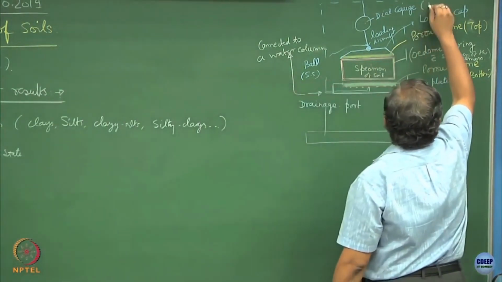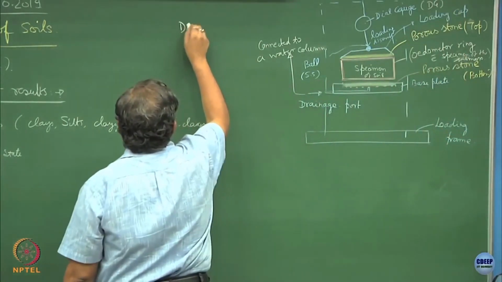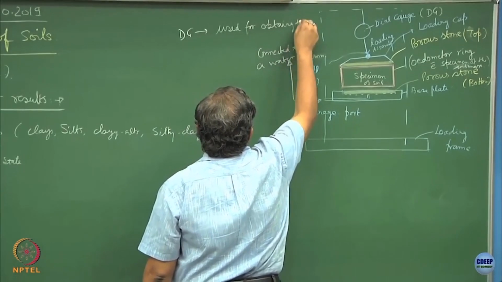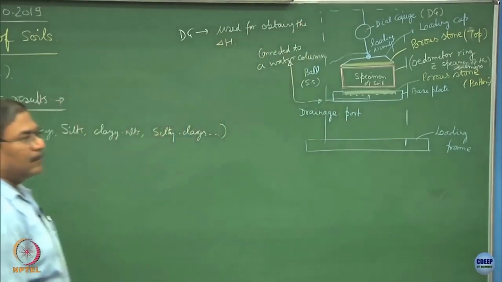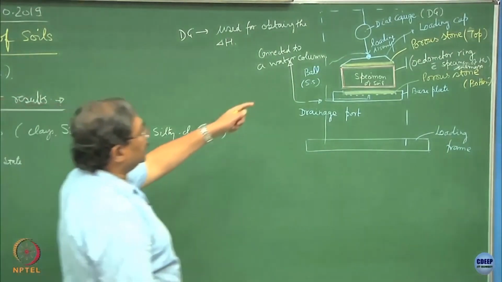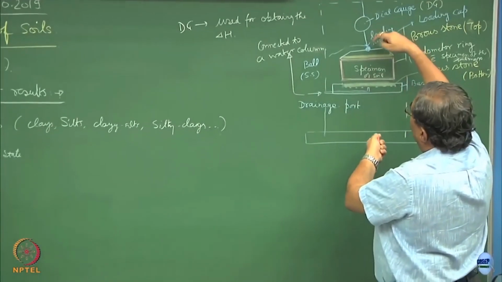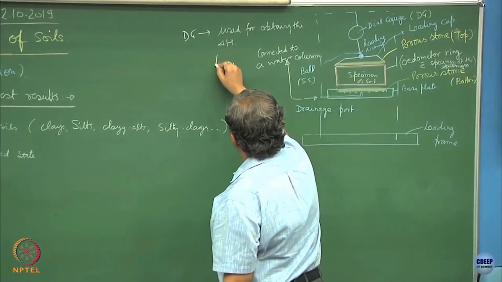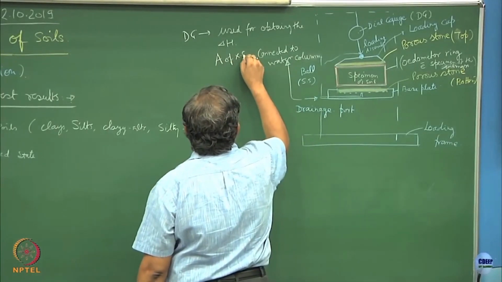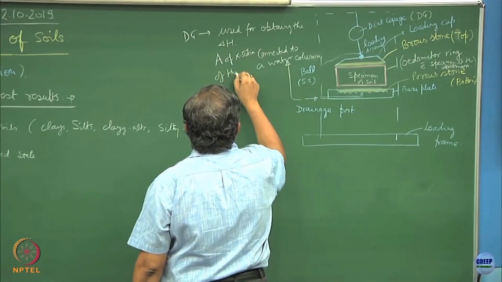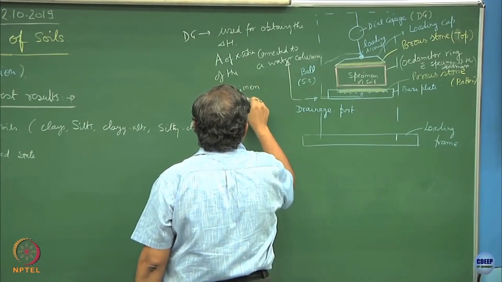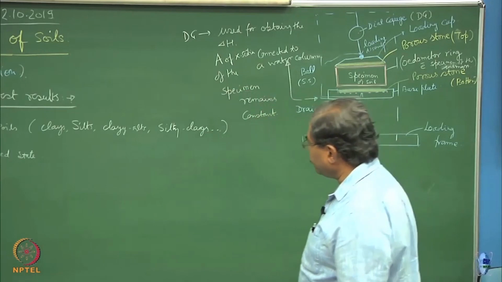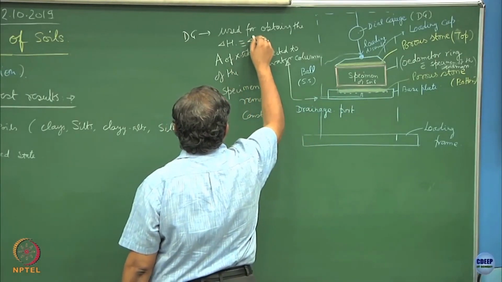So, the dial gauge, DG, is used for obtaining the delta H. The dial gauge gives you the readings of how much deformation the specimen undergoes after you apply the stress or the load, that is delta H. And I hope you can realize that the area of cross section of the specimen remains constant, and hence delta H is also equivalent to delta V, the volume.